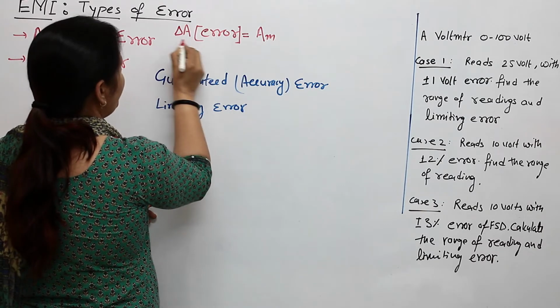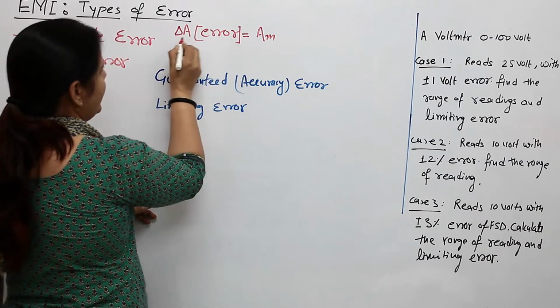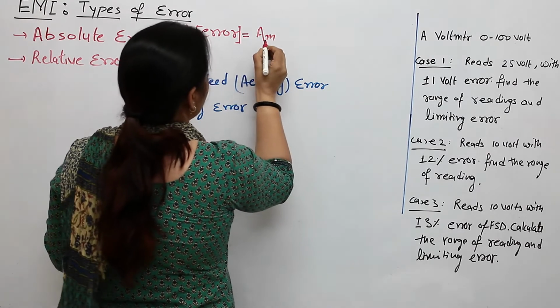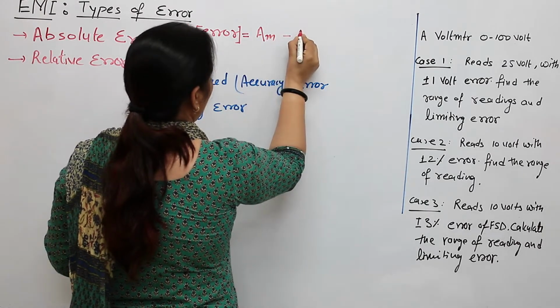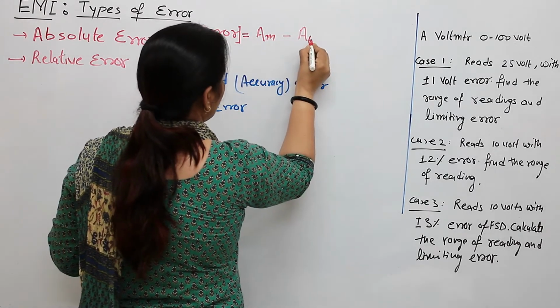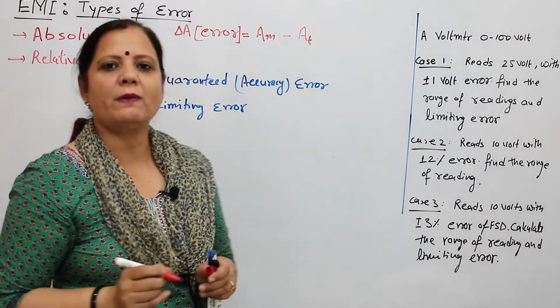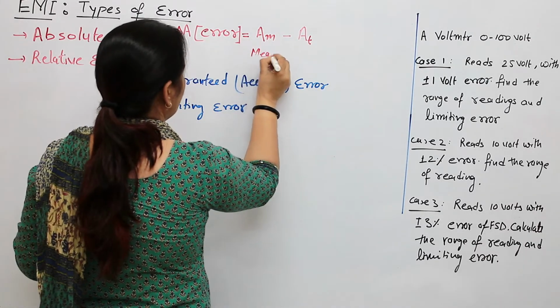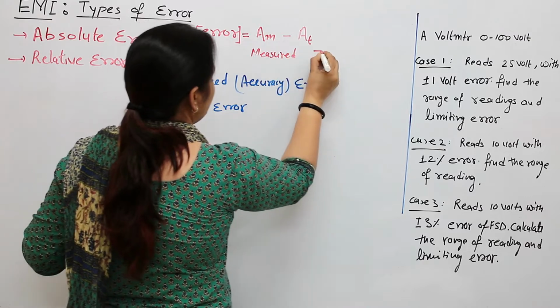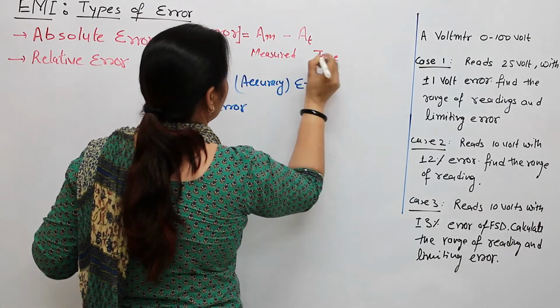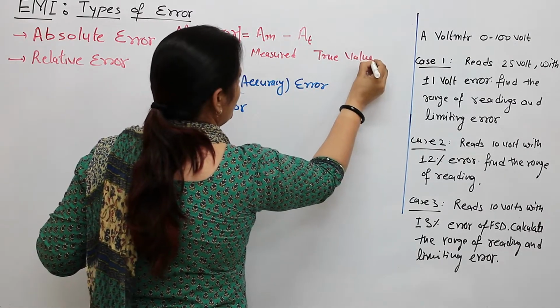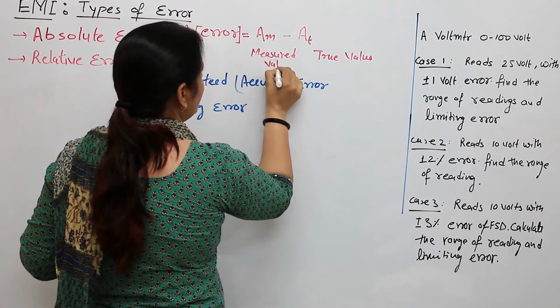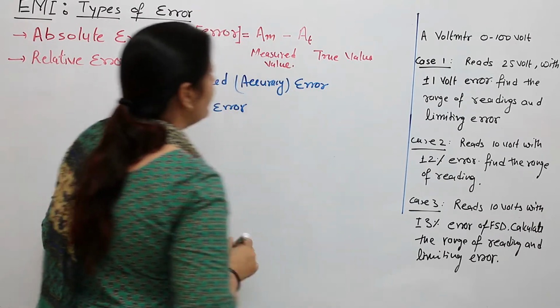If I define error by delta A, then error is the difference between the measured value and the true or actual value of the quantity that you are measuring.